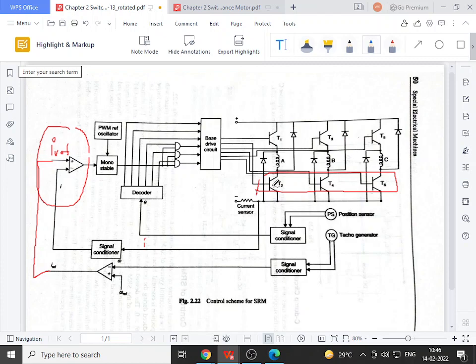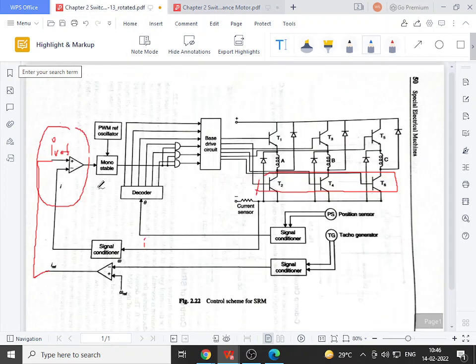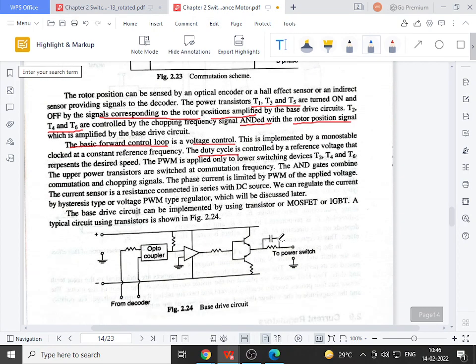So that is a PWM reference oscillator. The PWM output is applied only to the lower switching devices, because that is given through this monostable clock. So whatever reference PWM signal is there, that PWM signal with a reference frequency, any reference frequency, is applied to the lower switching devices.